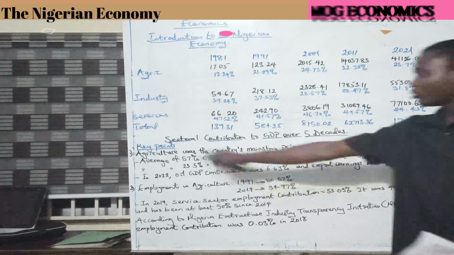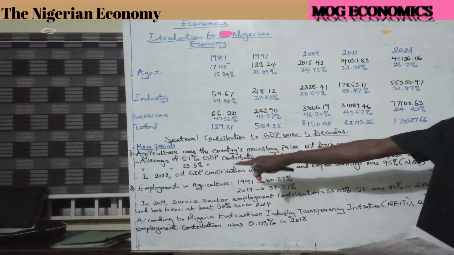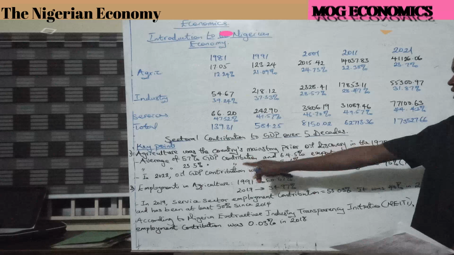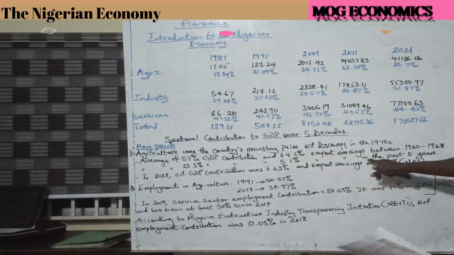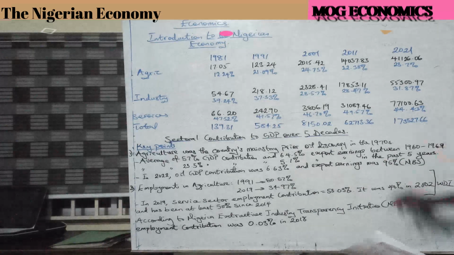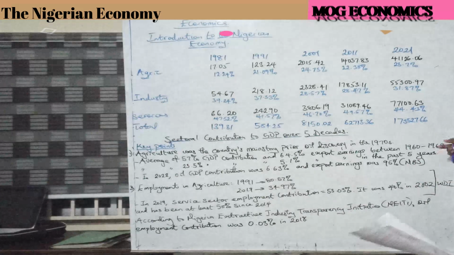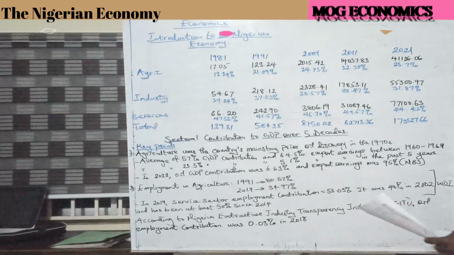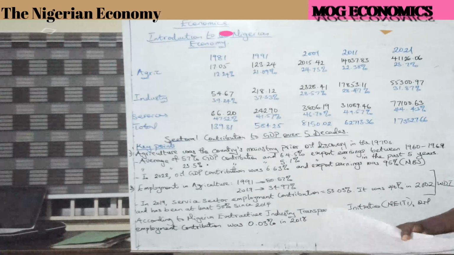Now let's continue. There is an average of 23.5% GDP contribution and 5.1% export earnings in the past 5 years. When the article was written it was like 2021, so the past 5 years should be like from 2016.